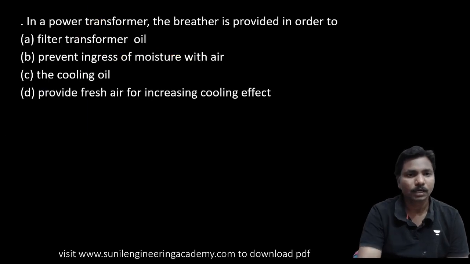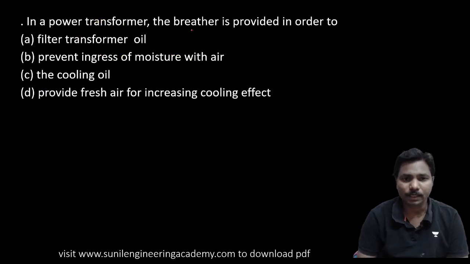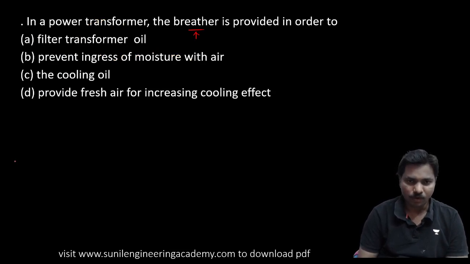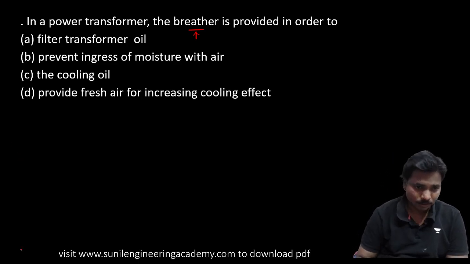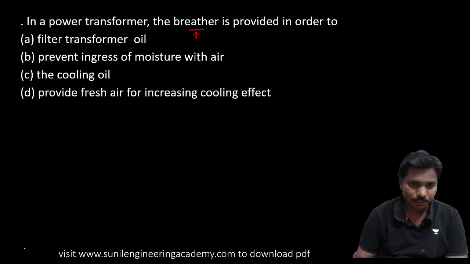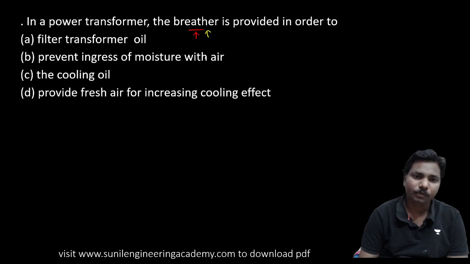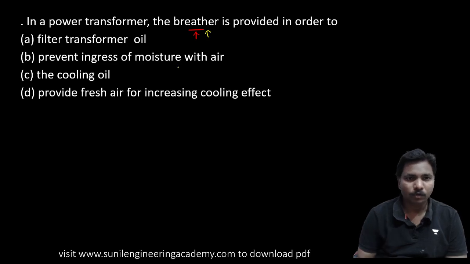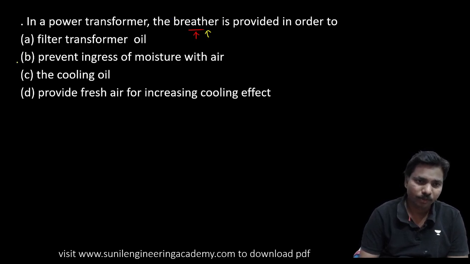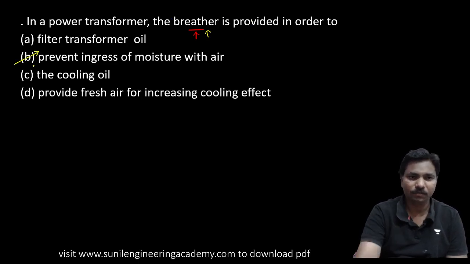Coming to the next question, in a power transformer, the breather is provided in order to dash. What is that breather? Just now I said, the small box is nothing but the breather. What is the purpose of this breather? It absorbs the moisture, to prevent ingress of moisture with air.